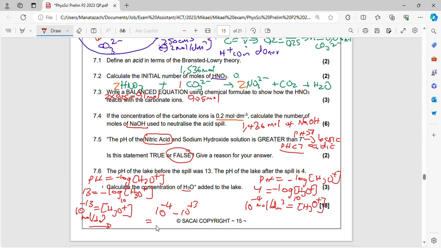So if you put 10^-4 on your calculator, then you say minus 10^-13, you then get 9.999 times 10^-5 mol/dm³ of H3O+ ion.